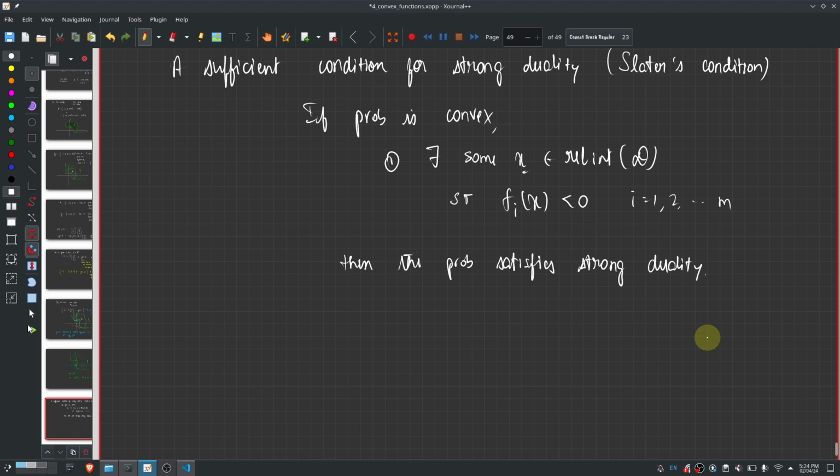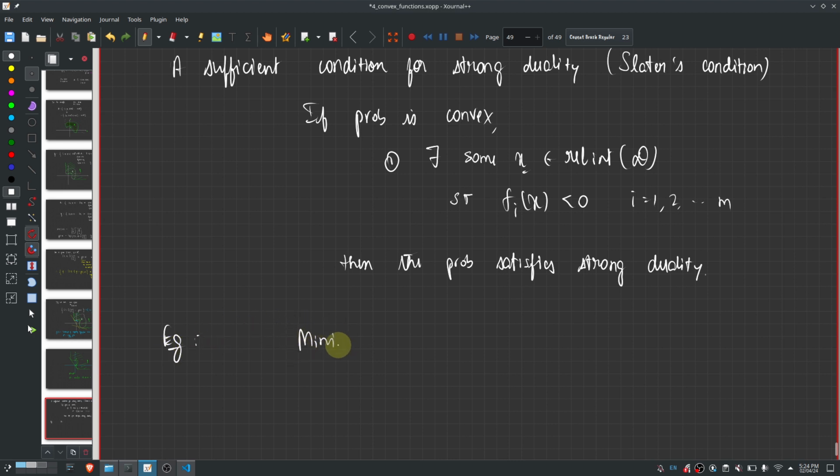So here's an example of a problem where you don't have strong duality. There is a non-zero duality gap. So consider the following problem.